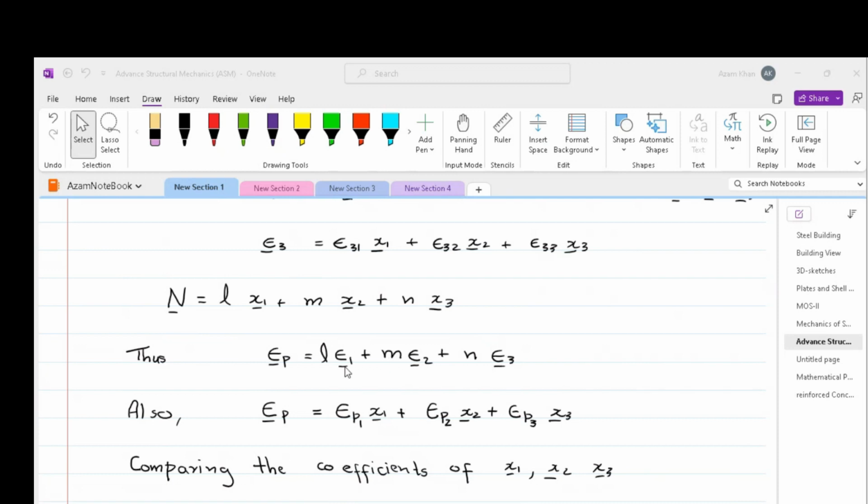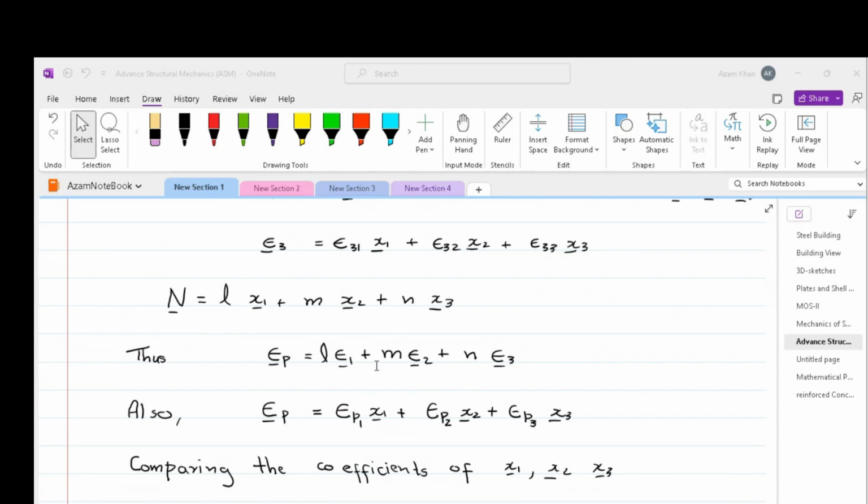Please note, L, M and N are the direction cosines. Additional explanation about the direction cosines can be found in mathematical preliminaries. L is the direction cosine corresponding to x1, M is the direction cosine corresponding to x2, and N is the direction cosine corresponding to x3.